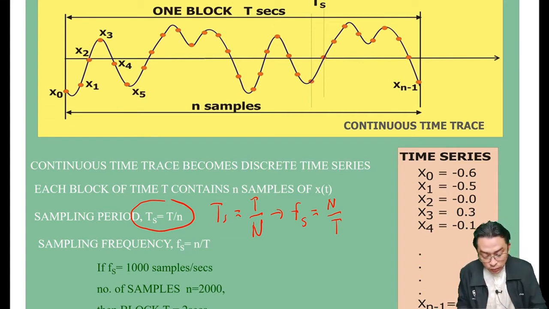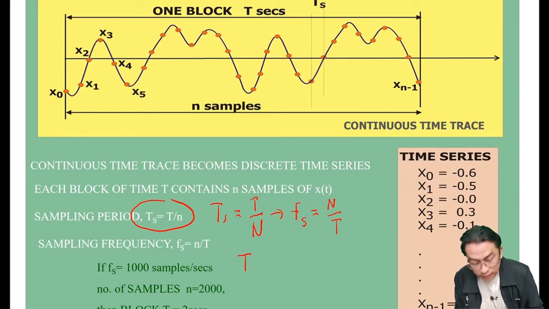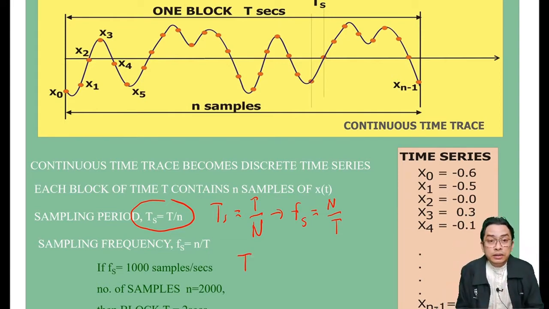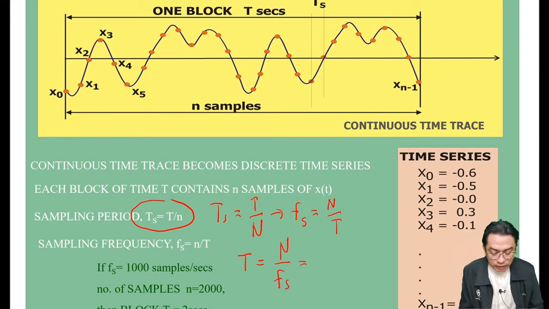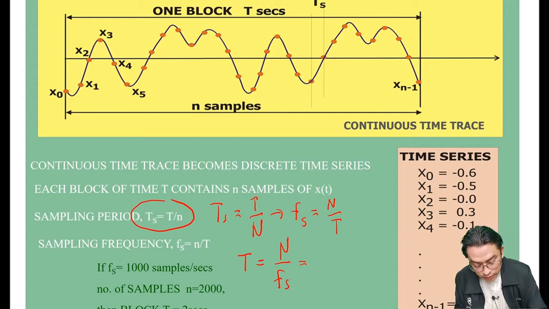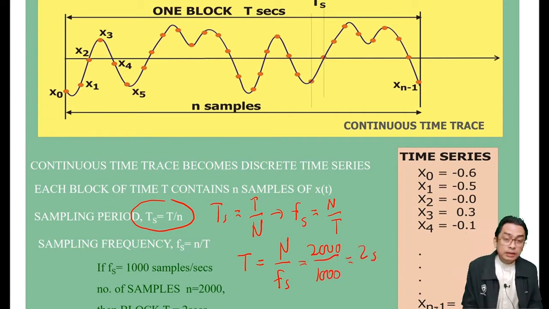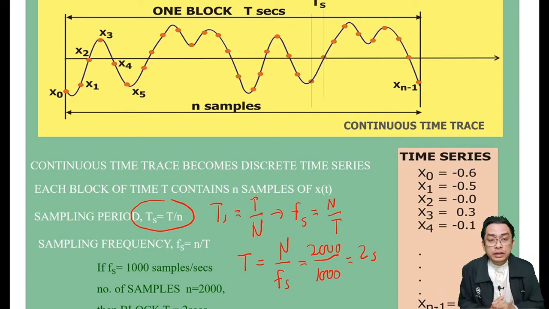By using this equation, we can calculate the duration of one block. From the equation we find N over Fs, which gives the value for T, the time. For this example, 2000 over 1000 gives us 2 seconds, the duration for the measurement or for the signal.